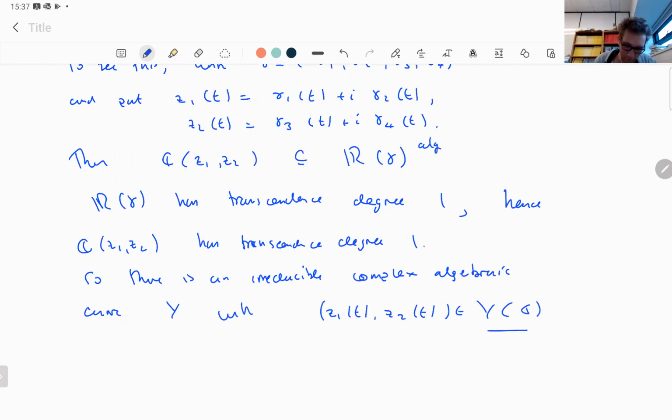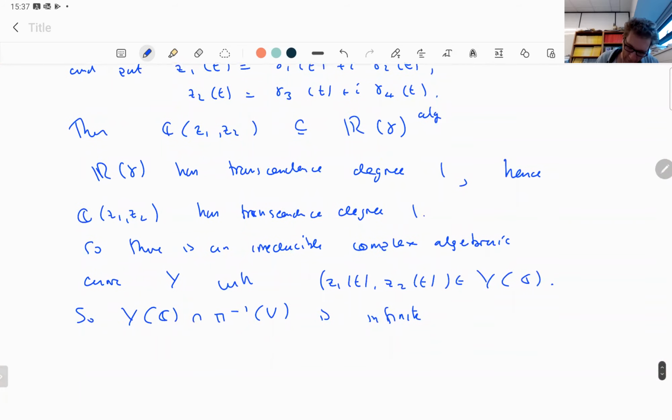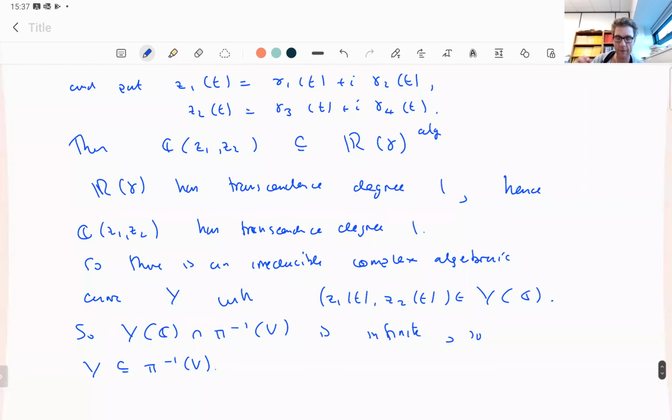So by analytic continuation, Y is contained in pi inverse of V. Okay, so we've gone from having a real algebraic curve to a complex algebraic curve.